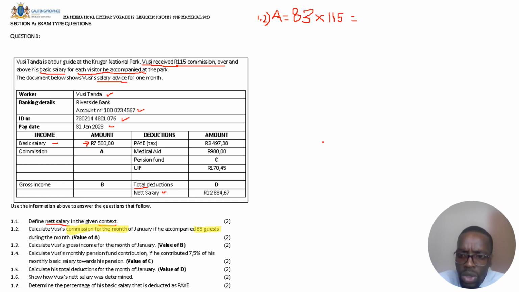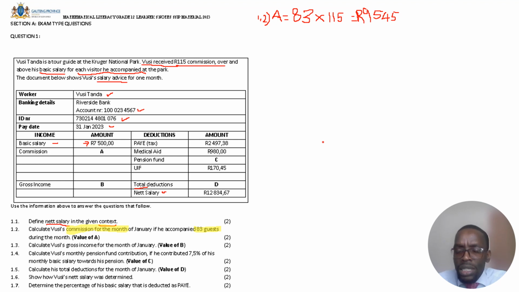If you do that now, let me just go to my calculator here, it means VUS is going to earn 9,545 as commission. Wow, VUS is earning a lot of money there. VUS is earning a commission of 9,545 rands.